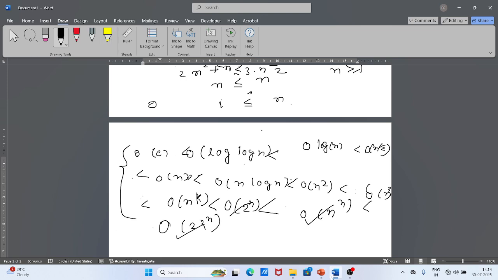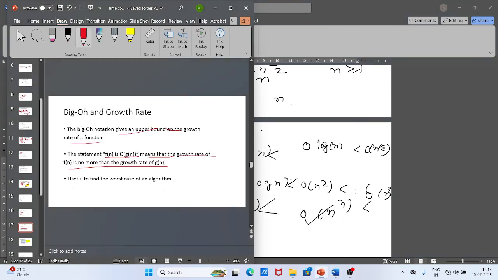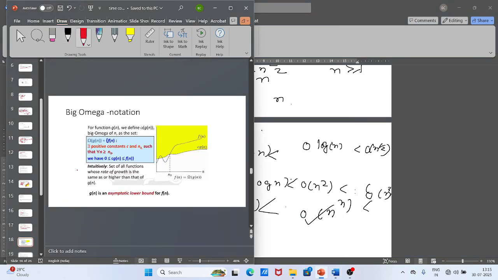Now come back to your PPT. Next one is big omega notation. Just first see the picture. Here on the x-axis we plot n and on the y-axis we plot t. N is the size of input and t is the time, how much time is required.